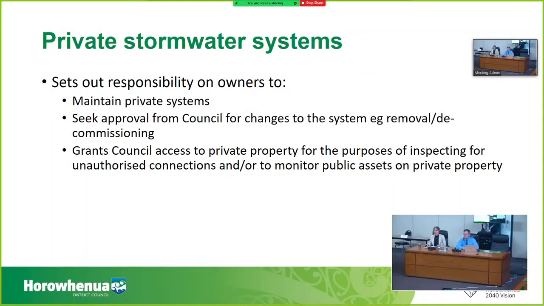This sets out the responsibility on the owners to maintain private systems and seek approval from the council for changes in the system. For example, if individuals want to amend the current system, then they need to inform council. And council is granted access to private property for the purpose of inspecting for unauthorized connections and or monitoring public assets on private properties.